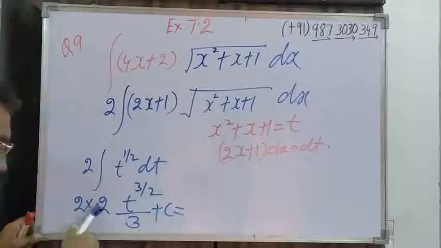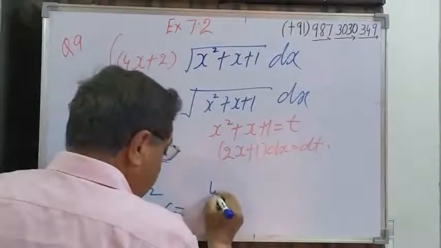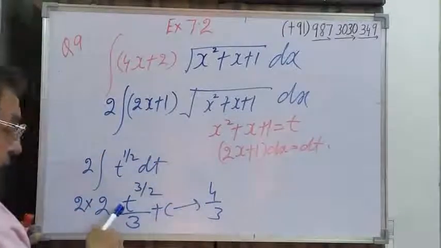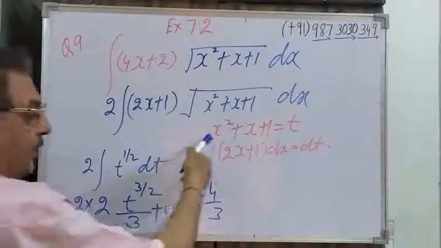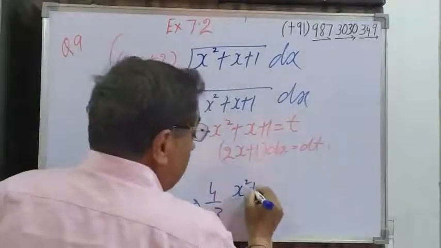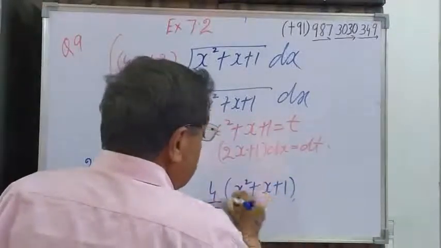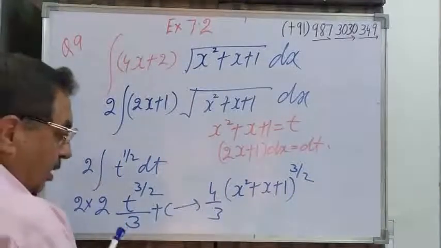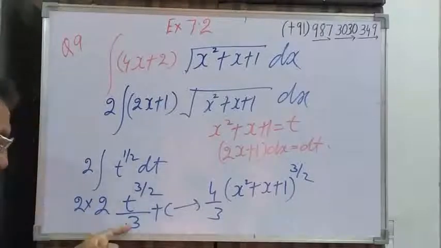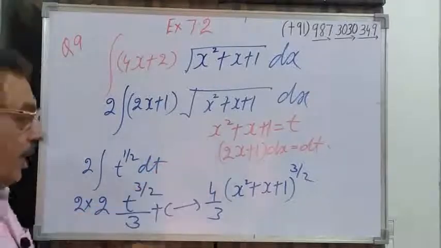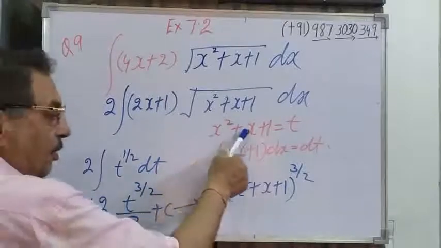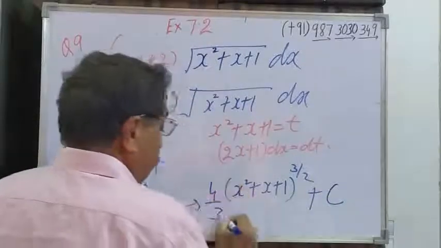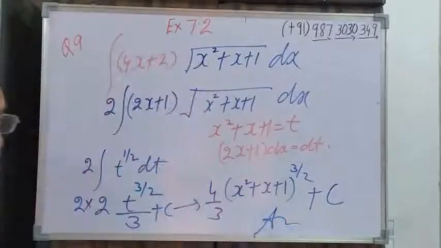The answer comes to be 4/3 t. Taking back t, what was t? x² + x + 1. So we have 4/3 times (x² + x + 1) raised to power 3/2 plus c. So this is our answer for this one.